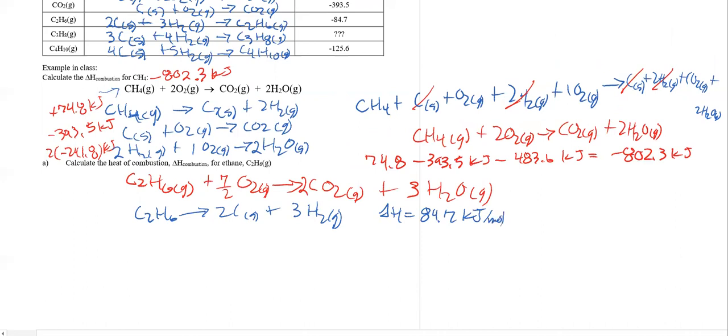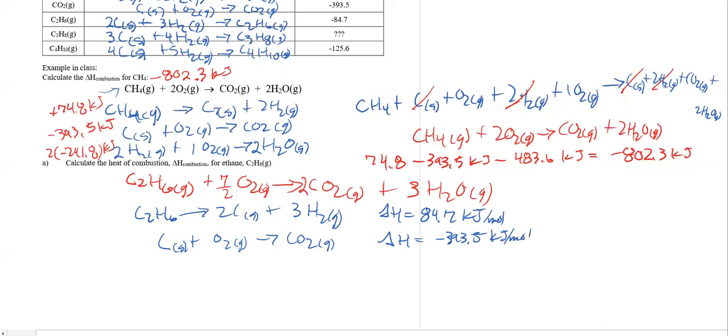My CO2 staying the same, so carbon plus O2, and its delta H is negative 393.5.